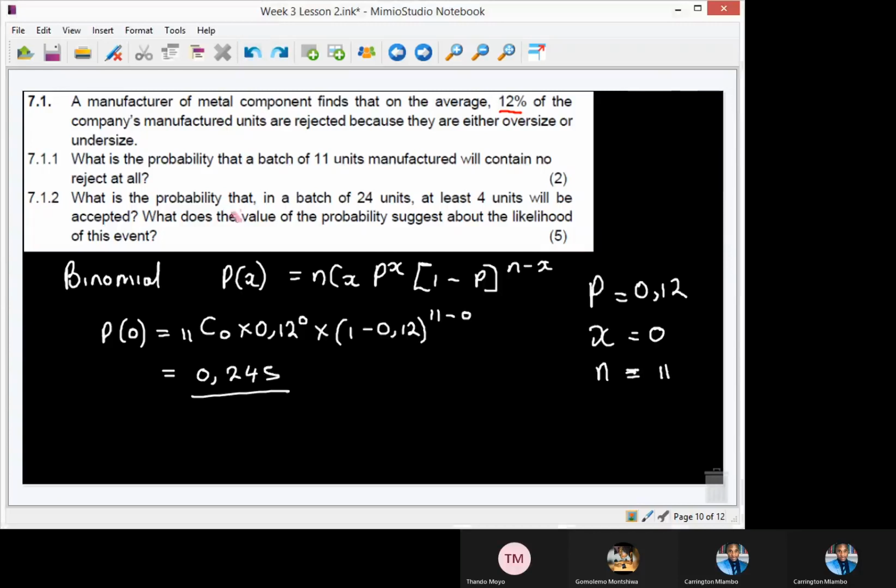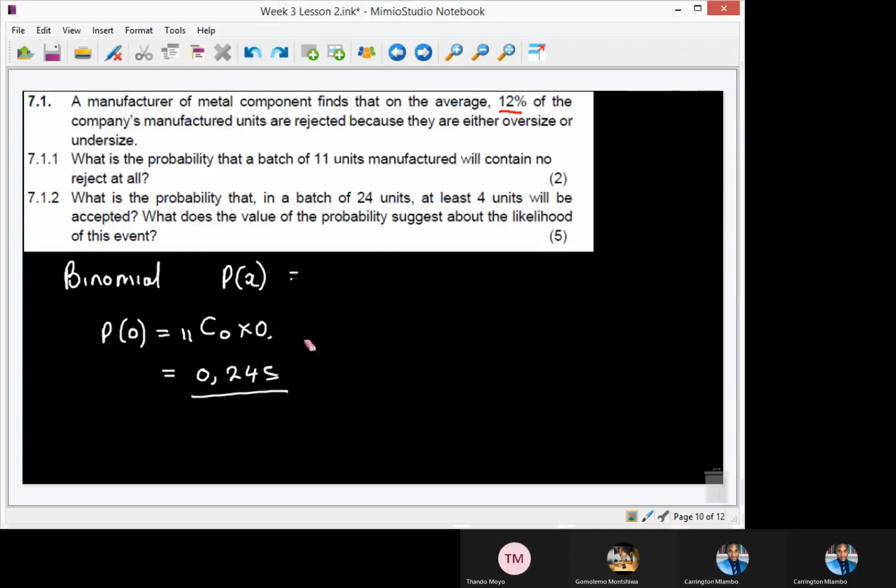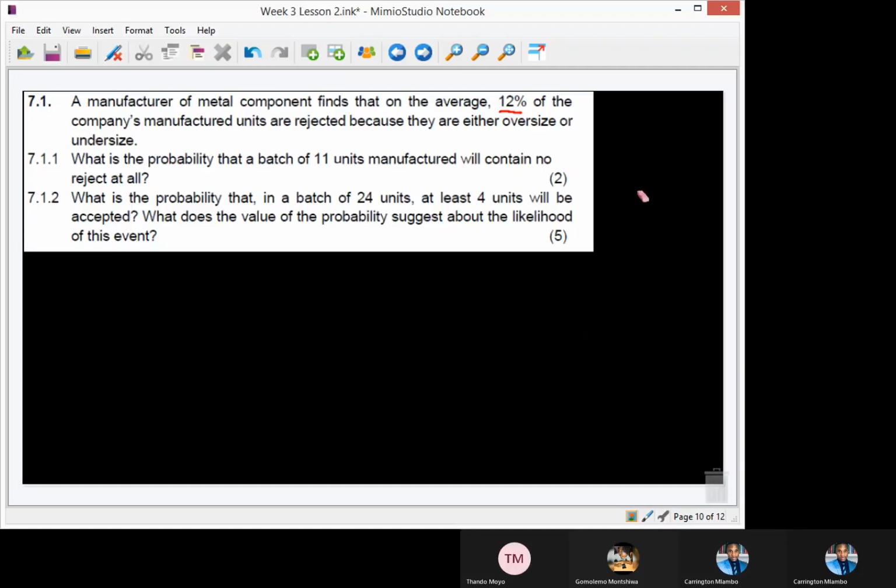Right, so it's saying in a batch of 24 units. So our P, we know our P is 0.12, right? Our N, now we have 24 units.